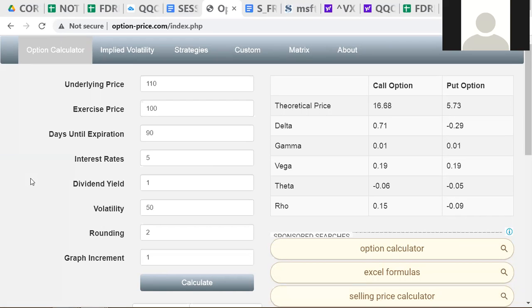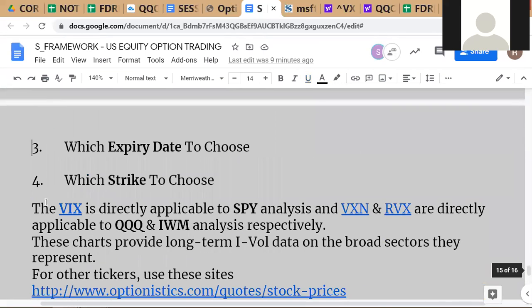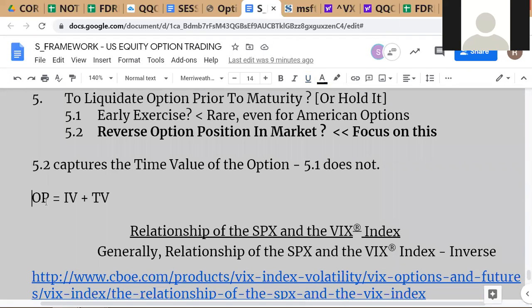Okay, so yes, in this case, if I do early exercise, we are trying to understand why people normally don't do early exercise, even though you have an American option. Because if you do early exercise, you're only making $10. Correct? Okay, so the example that we are discussing is: OP is equal to 16.68.